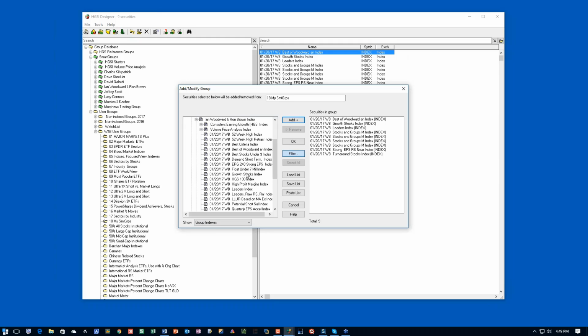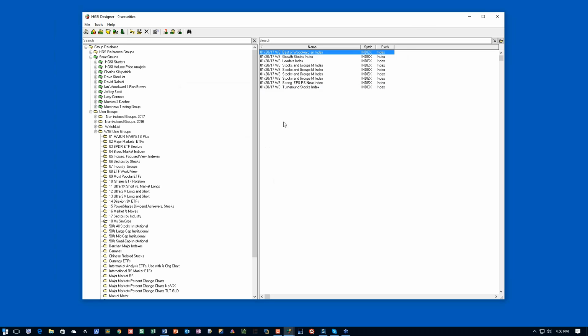Now when I do a full update tonight, this date will change from 120 to 123. So these will be current smart groups. And the reason for doing that is to save time and to stay focused.